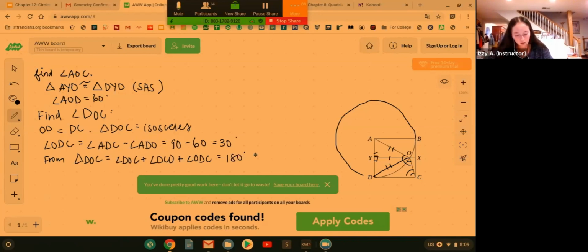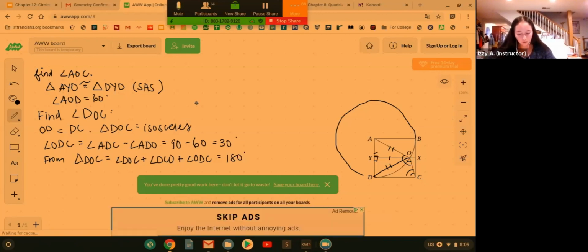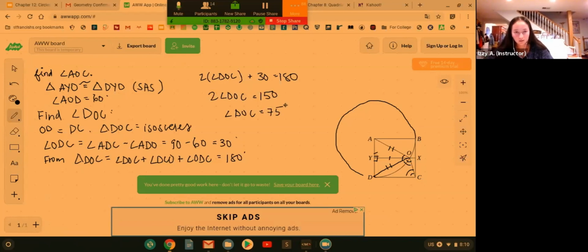So 2 times angle DOC plus 30 degrees would be 180. Let's write that down: 2 times angle DOC plus 30 equals 180. Then by doing the math, 150, divide both sides by 2, angle DOC would equal 75.